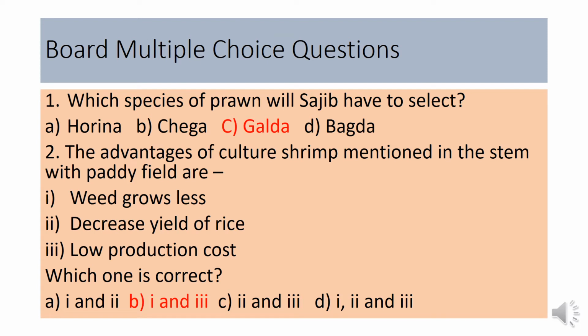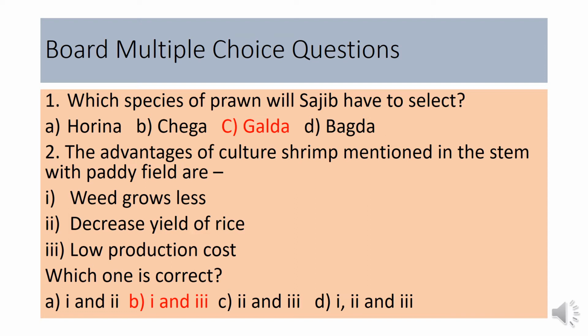The first question is which species of prawn Shajib has to select. We know about Golda and Bagda shrimp, but Golda shrimp is suitable to culture with rice in a rice field. That's why the answer will be Golda.